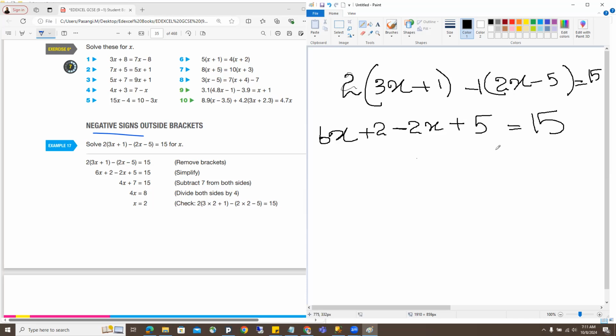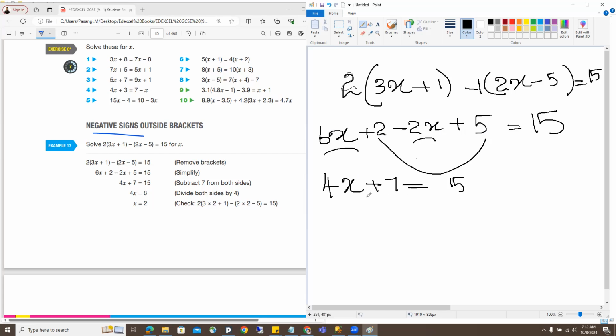Then we can simplify further because there are two like terms, 6x and 2x. 6x minus 2x is 4x. Plus 2 plus 5 is 7. So 4x plus 7 is equal to 15.